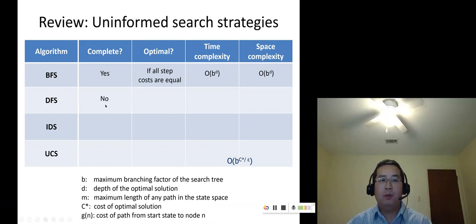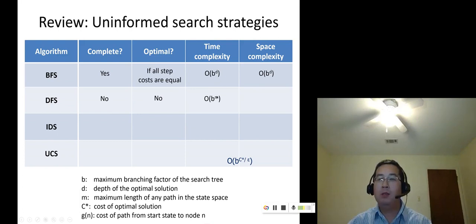DFS is not optimal, because we don't know whether we can reach the best, because we search deeper and deeper, correct? It is also not complete, which means we may not be able to find a solution. Maybe if we find a solution, it's not optimal because we just search along the depths. Time complexity: you search until the maximum depth m, where you stop searching, and that will be the upper bound.